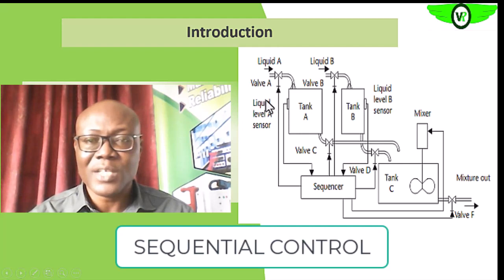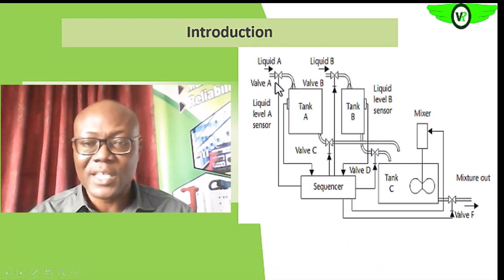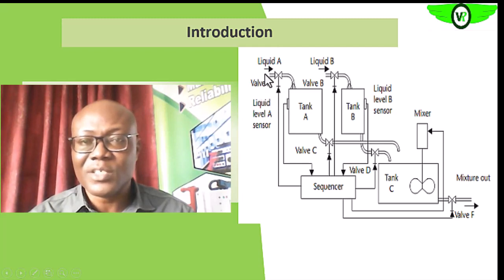You see that in this sequential control, liquid A is allowed to flow into tank A. Then liquid B will be allowed to flow into tank B. This various flow is monitored by this sequencer.